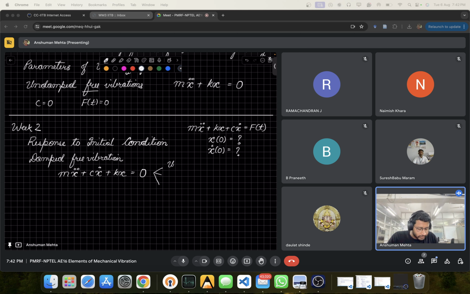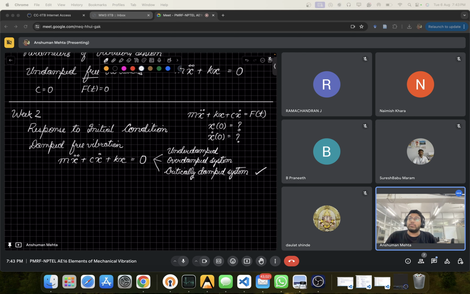One is under damped system, then over damped system, and critically damped system. So today we will solve one problem of this.